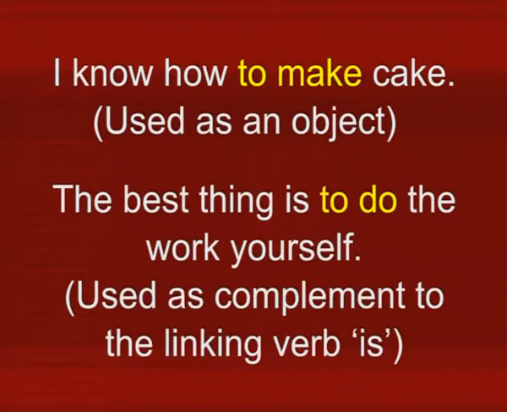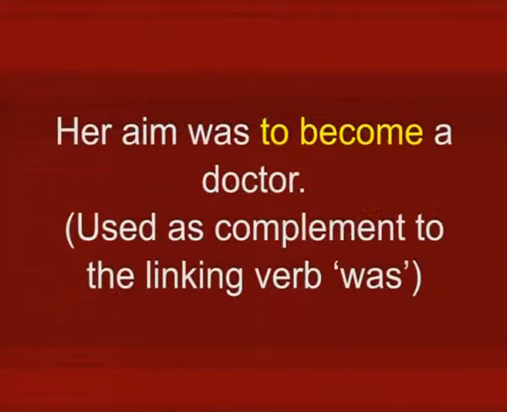The best thing is to do the work yourself, used as complement to the linking verb is. Her aim was to become a doctor, used as complement to the linking verb was.